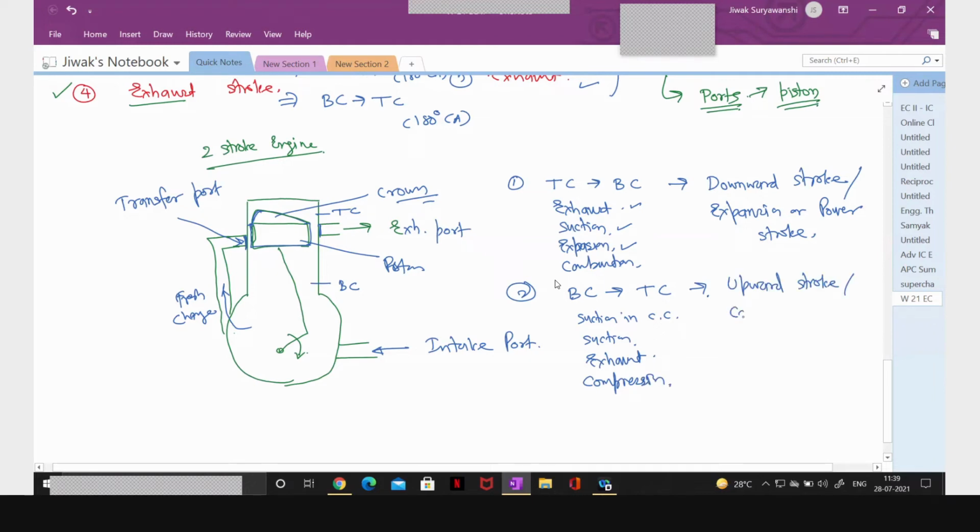During these two strokes, one thermodynamic cycle, or one mechanical cycle, is completed. Is it clear? If you have any doubt, you can ask or write in the chat box.